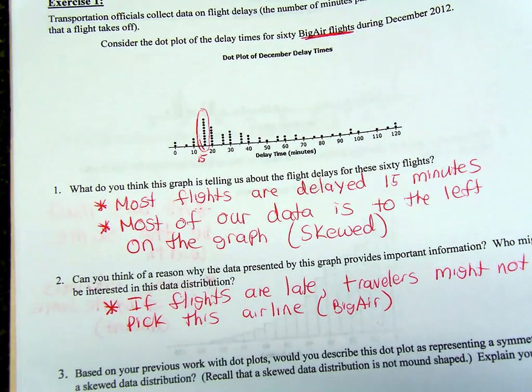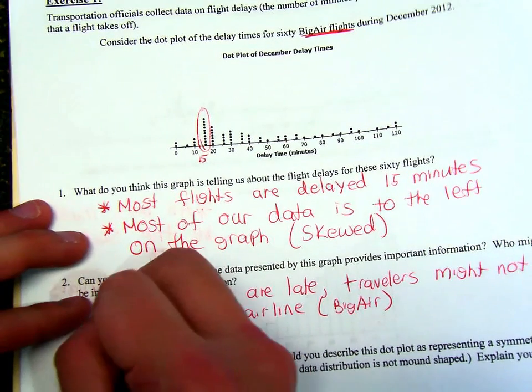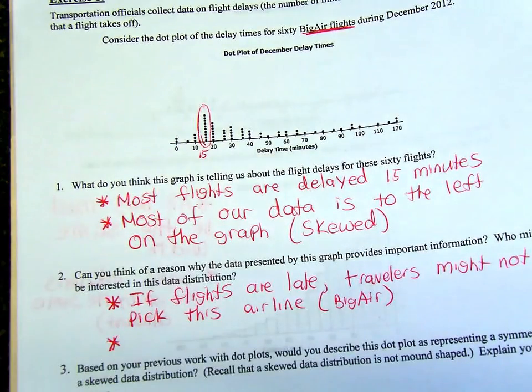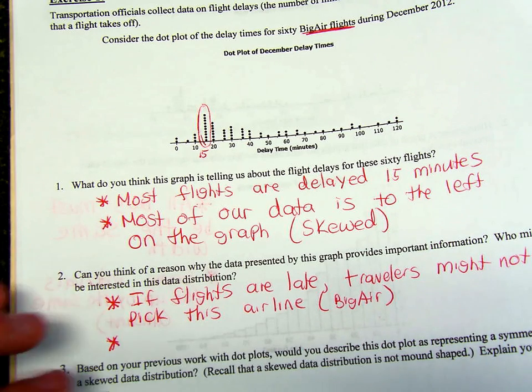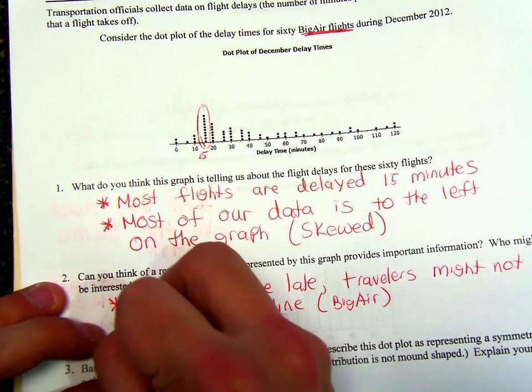Another thing we want to know is who might be interested in this data, the data's distribution. Probably people like you and me that want to travel. If we wanted to travel somewhere where we'd have to take an airplane, we would want to know what the wait times were so that we could figure out which one has the best wait times so we don't have to wait at the airport. Nobody wants to wait in the airport. So we could say travelers would be interested.